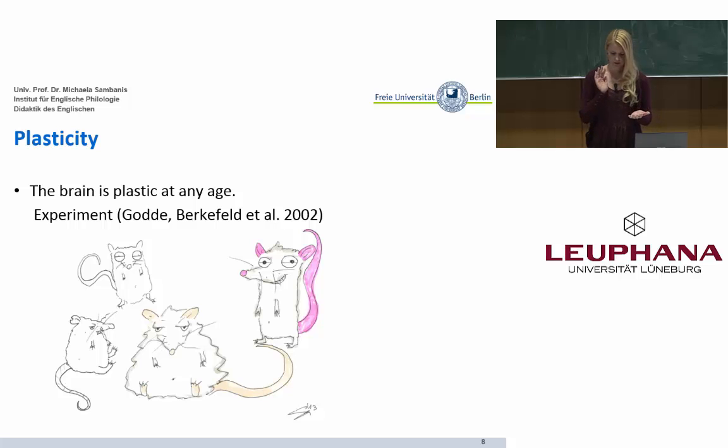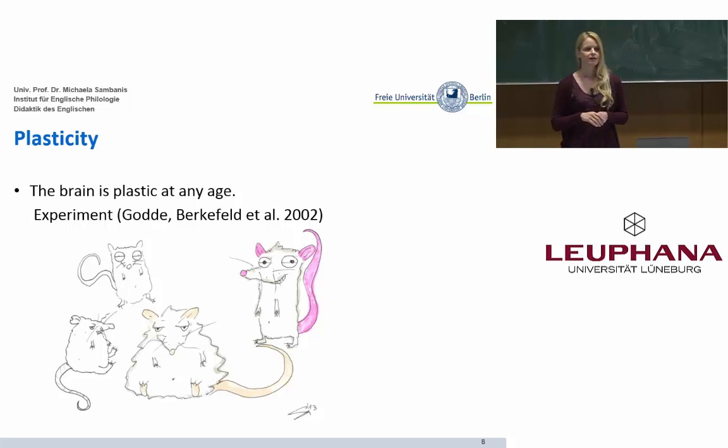Now imagine you could put the older rats on a nice cocktail of, let's say, painkillers and some stimulating substances to make them feel young, alive, and kicking again. What would happen?